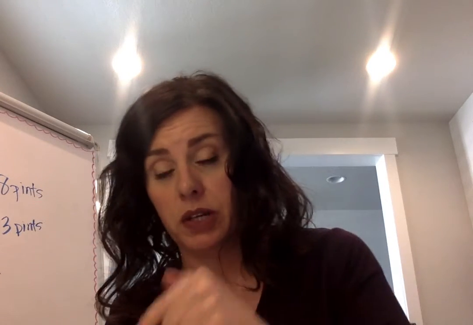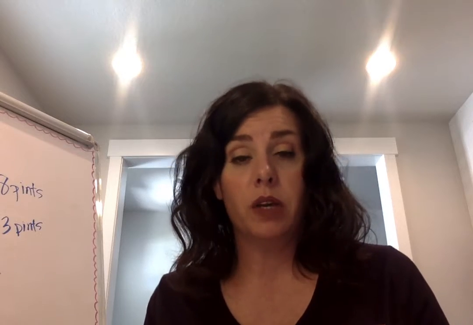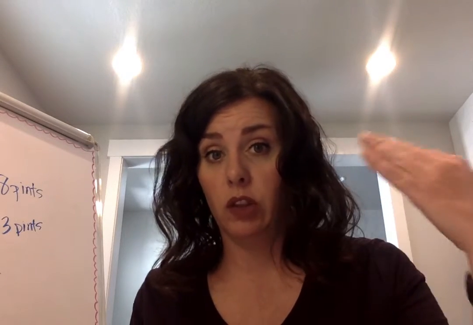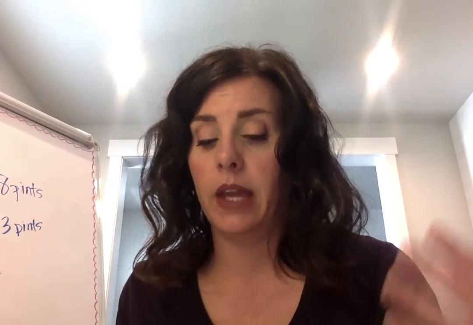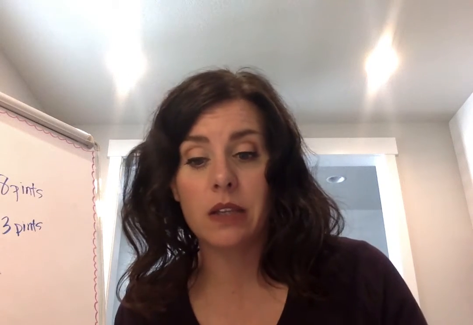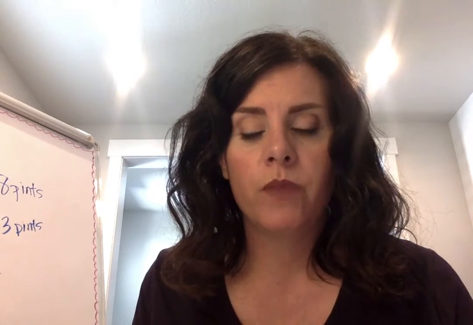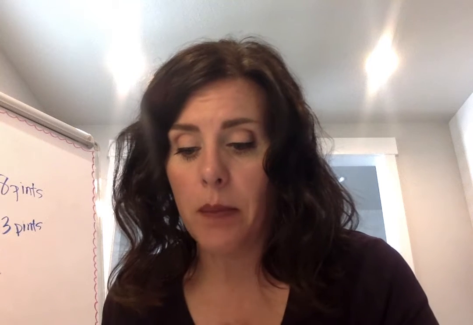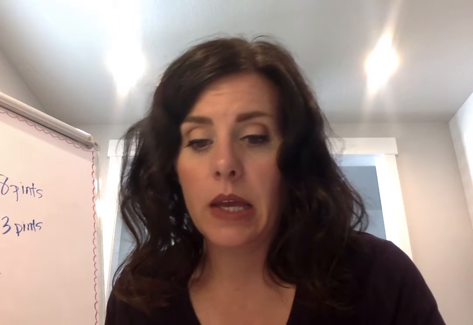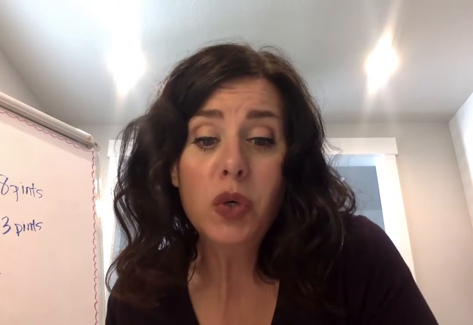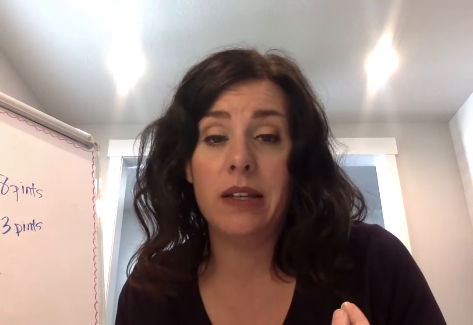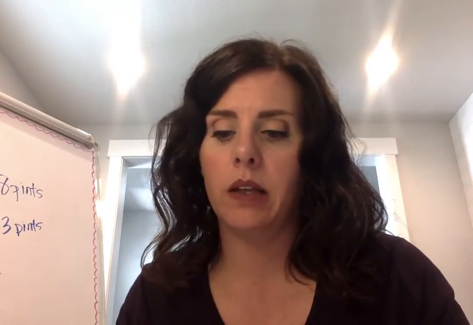Okay, but the next one, let's look at example 2. What if we convert to a larger unit? Like if we went from 104 pints to gallons. Well, if you take a look up at the top, there's 8 pints in 1 gallon.